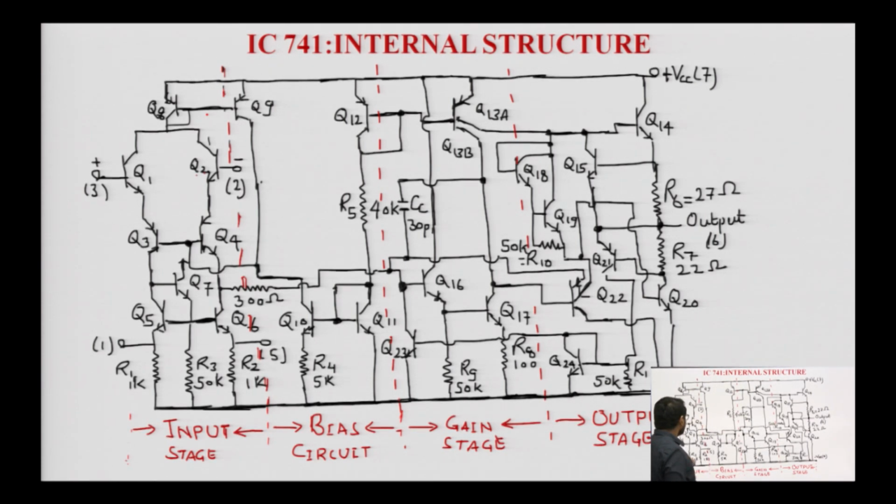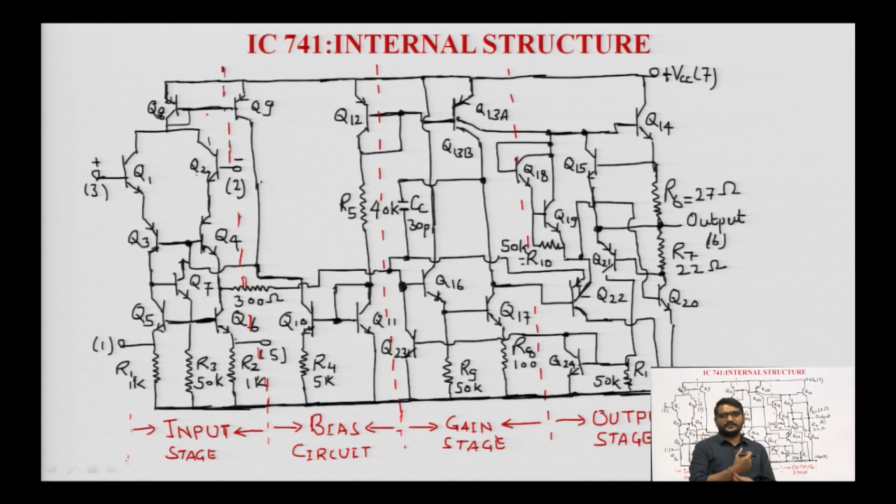A differential pair is formed by Q1, Q2, Q3 and Q4. Here, Q1 and Q2 are NPN transistors and Q3 and Q4 are PNP transistors, and Q5, Q6, Q7 form an active load for the differential amplifier.